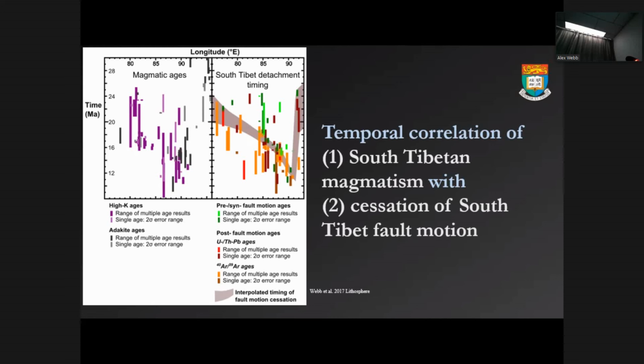And the cessation of South Tibet motion is similar to this distribution of ages of magmatic rocks in South Tibet, where the younger magmatic rocks are showing up in the east central portions of South Tibet. So again, there's something happening along strike that we did not understand.